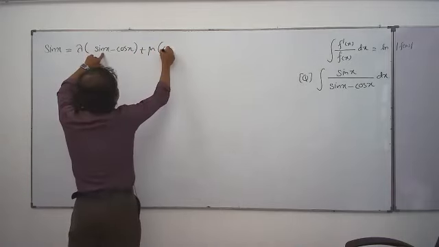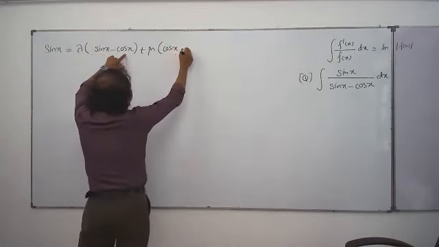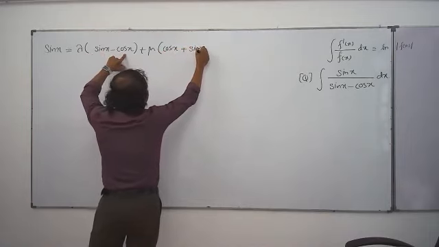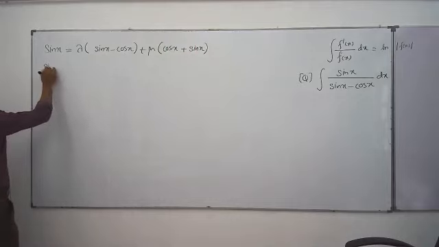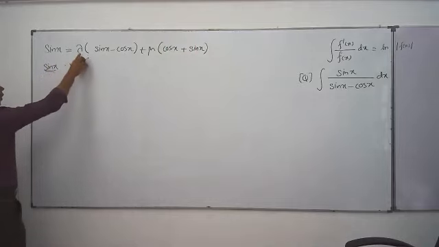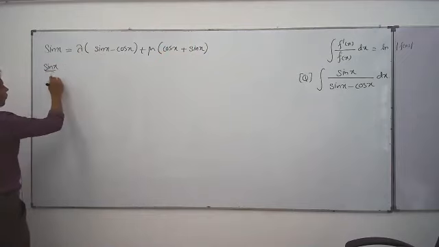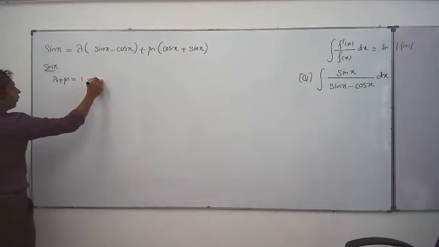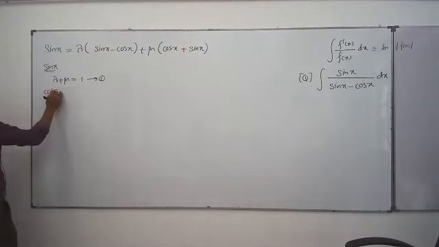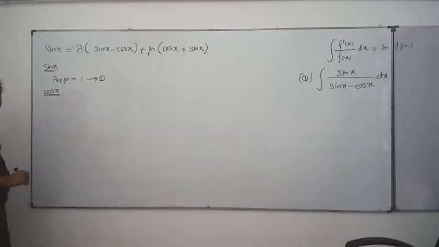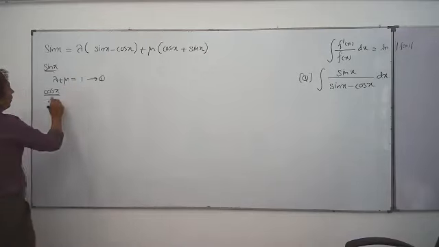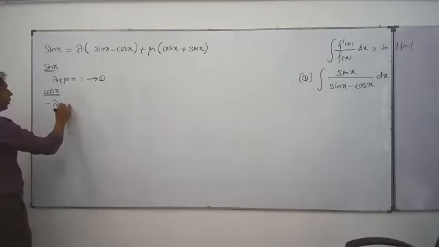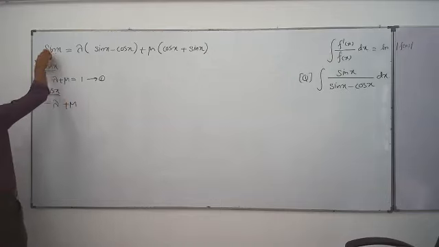Sin x, when we differentiate, we get cos x. Cos x, when we differentiate, we get minus sin x. With this minus sign, we get plus. Then you get the coefficients of sin x on both sides. Here lambda, over there mu. Lambda plus mu is left hand side 1. Cos x, when we equate, people, here we get minus lambda, over there plus mu, but left hand side we don't have cos x.